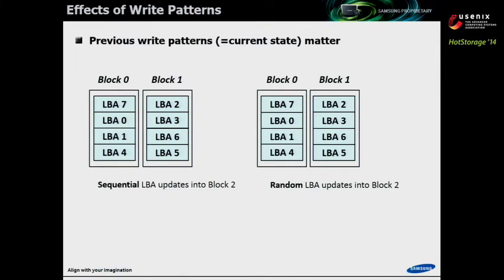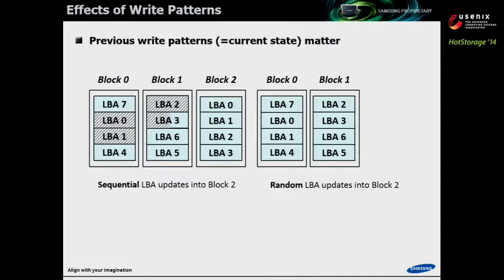Generally, to optimize the system, applications process data sequentially, because sequential I/O has shorter head movements than random I/O. However, sequential I/O is not always good on SSDs. So take a look. The left example applies sequential LBA updates into block 2. There is some invalid data in block 0 and block 1, so they are basically fragmented.